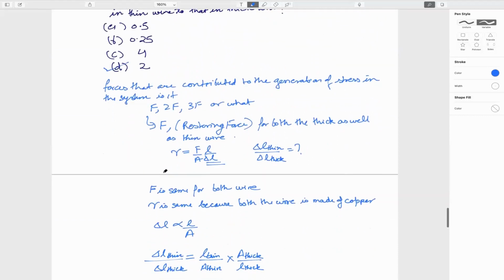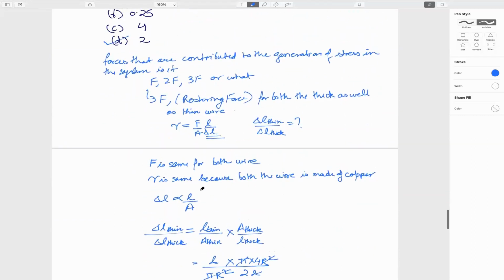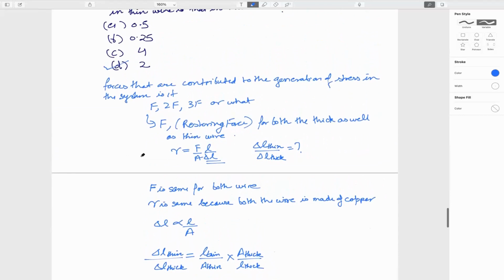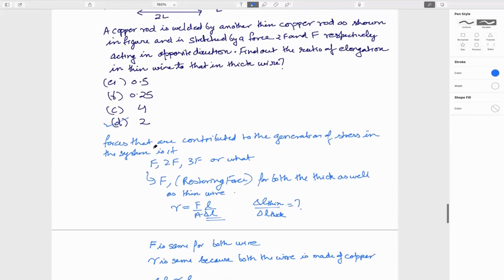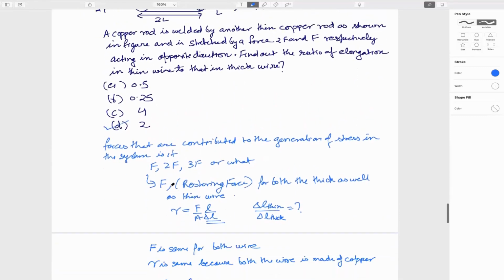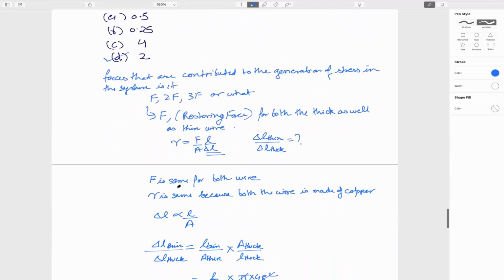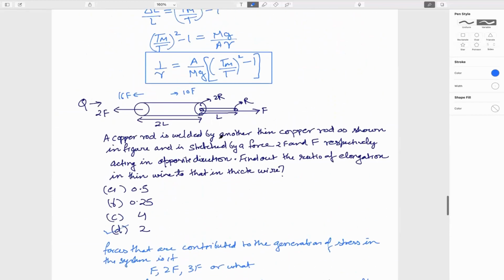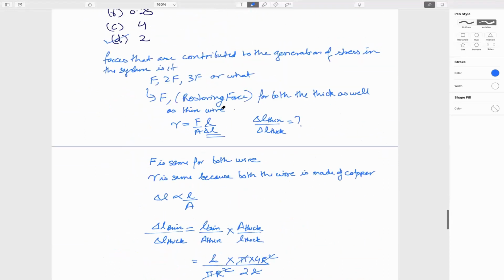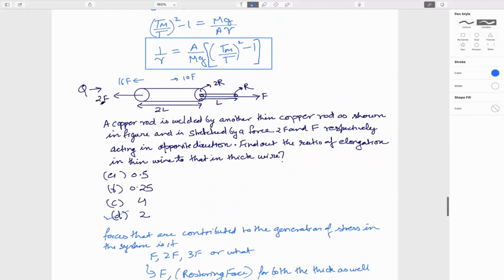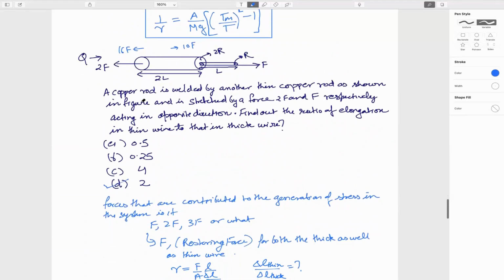But why I'm saying this question is tricky is because of the mistake people may make in finding the force. People may think that this wire has a force F and this wire has a force 2F, but that is not the case.